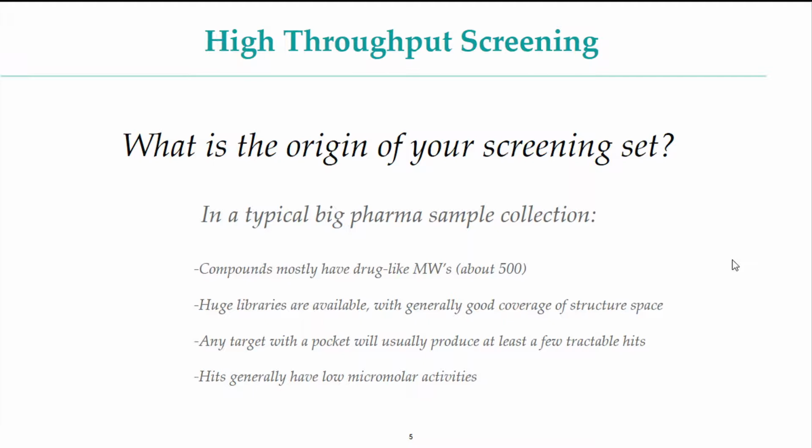I come from big pharma. I spent 26 years at Merck, and a big pharma sample collection is probably the best answer that you can give. The collections have specific deficits for antibacterials that we'll address later, but in general, they're very large. Pharmaceutical companies have worked in a lot of different areas, so they're populated with lots of different structure types.